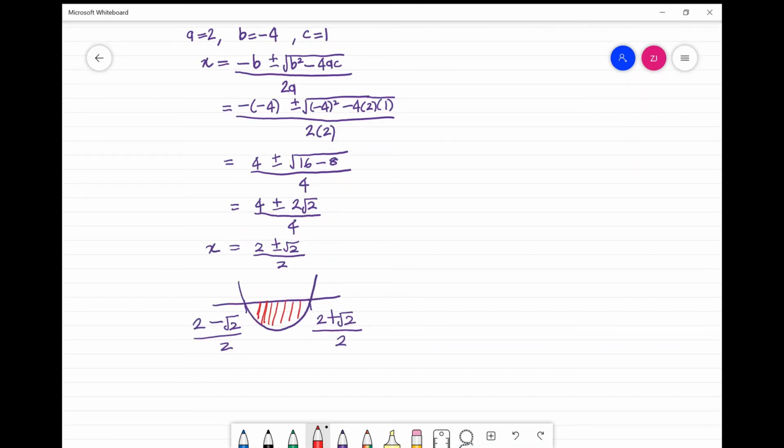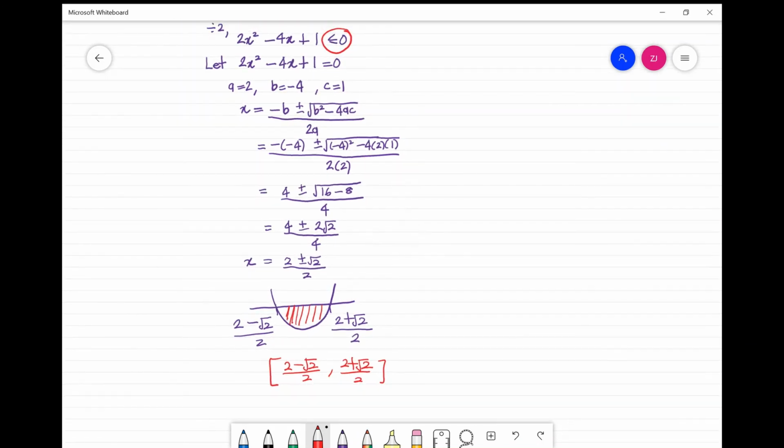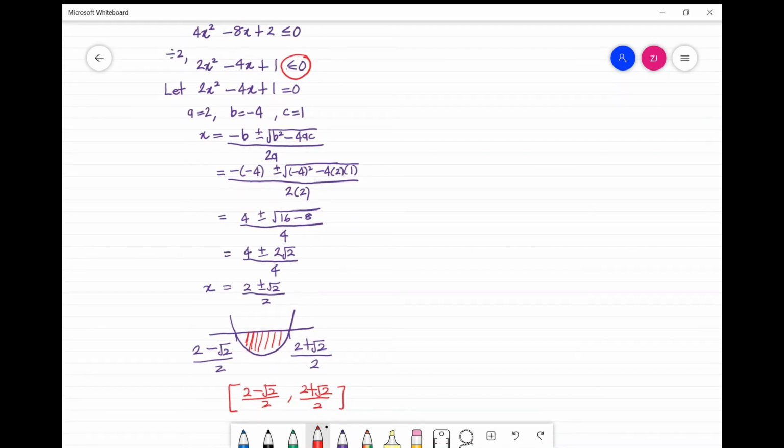So we will get the answer to be the interval from (2 minus √2) over 2 to (2 plus √2) over 2. Why do we have square brackets? Because we can see there is an equal sign here, so that's why we consider the closed bracket.